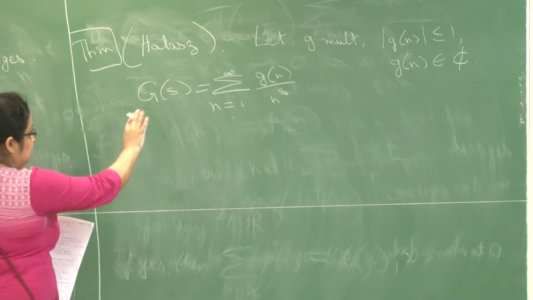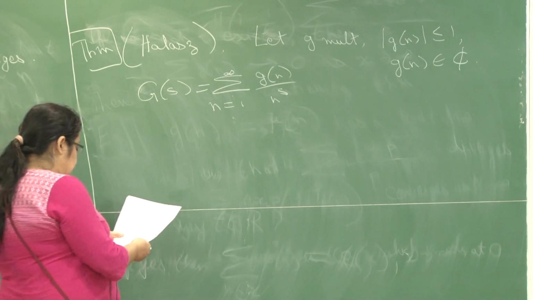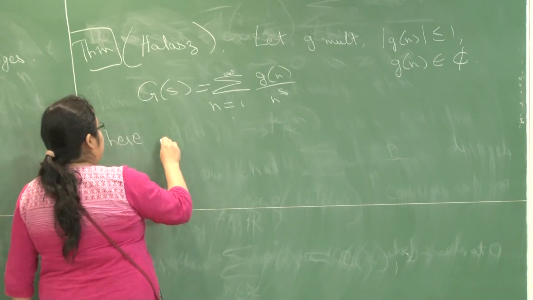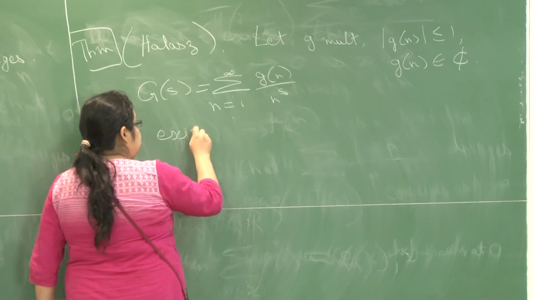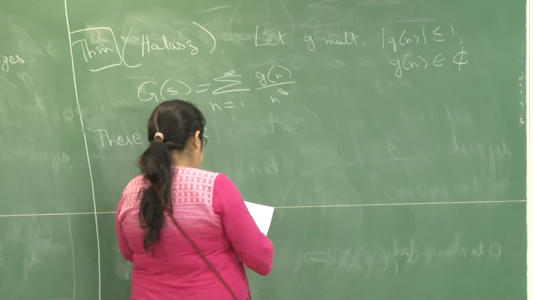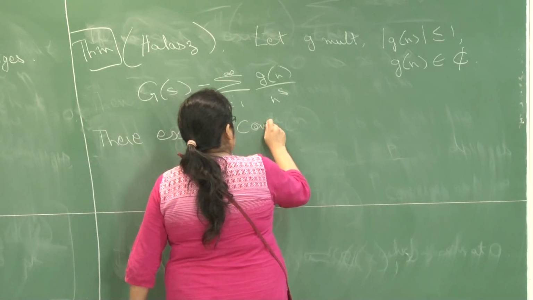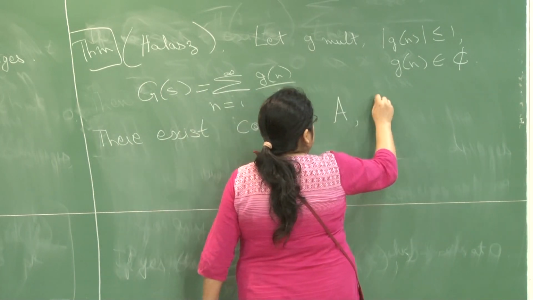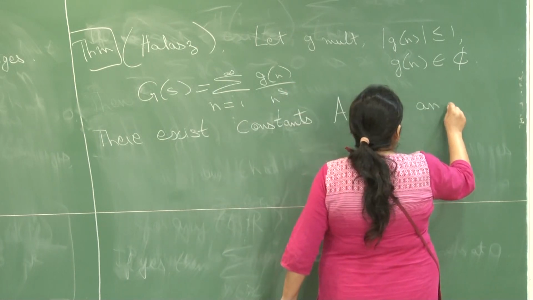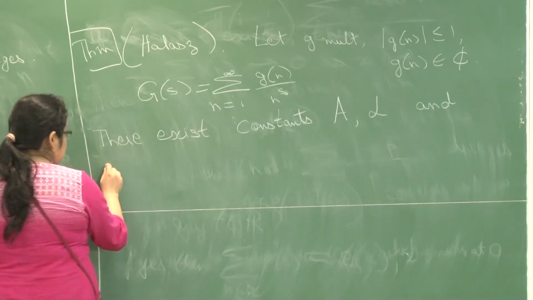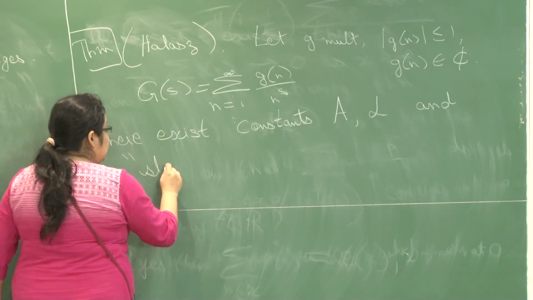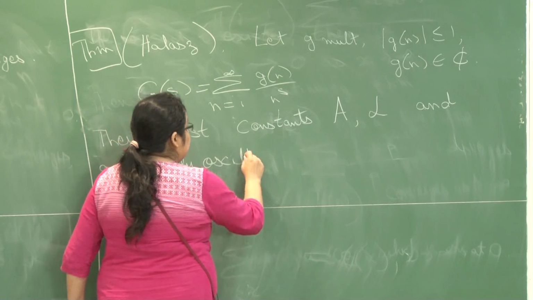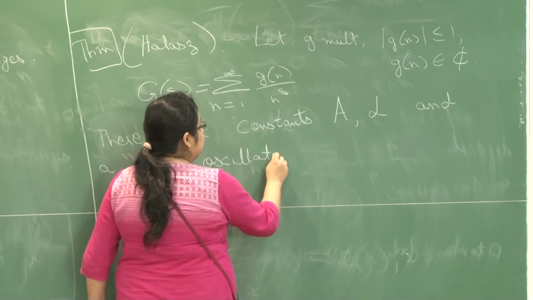So, let capital G denote the series, and what we know is that there exist, this is the statement of the theorem, constants, let's call them A and alpha, and a function which is what is called a slowly oscillating function.